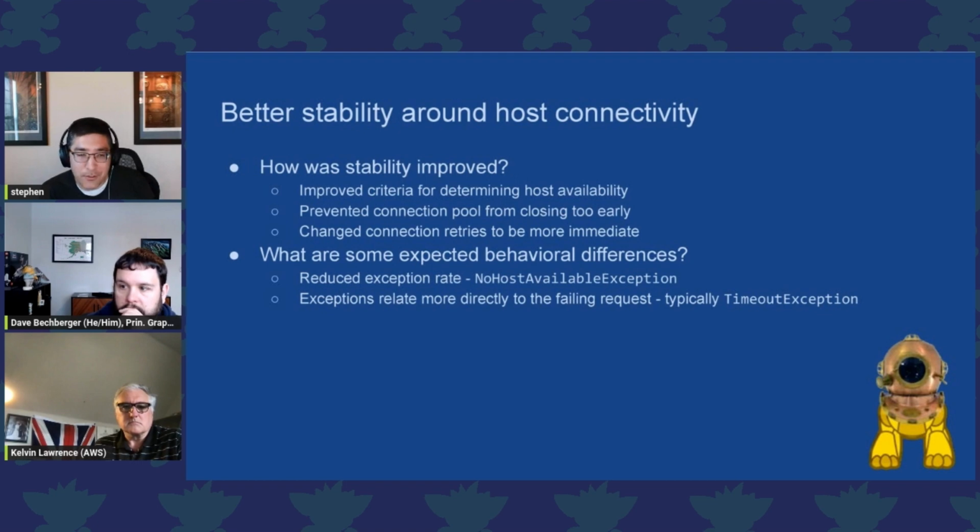If you've got a connection pool with 64 connections in it, and 63 of them are working really well, but the 64th isn't, there's a pretty good chance that things are still okay. So using little hints like that to tell us whether or not the host was available definitely changed the dynamics of how host availability was determined.